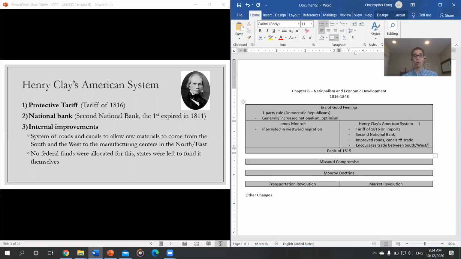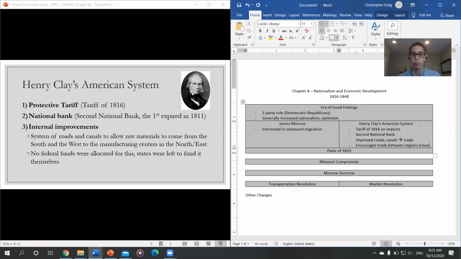You're getting mostly raw goods from the South and also the West as we get expansion there. And then the manufacturing centers are mostly in the North, New England, and the East, the middle colonies. So let me actually clarify this. It encourages trade between regions.